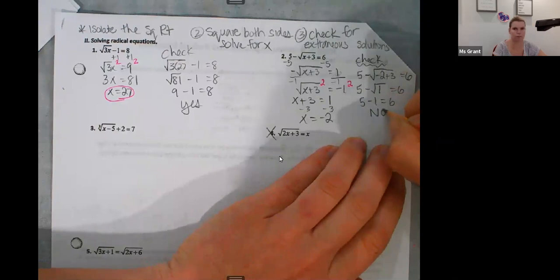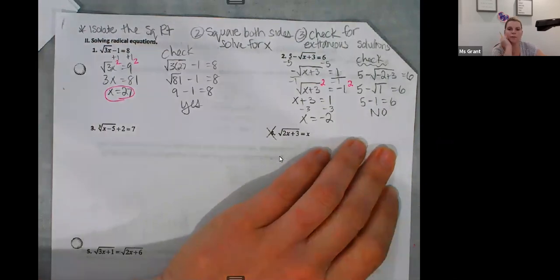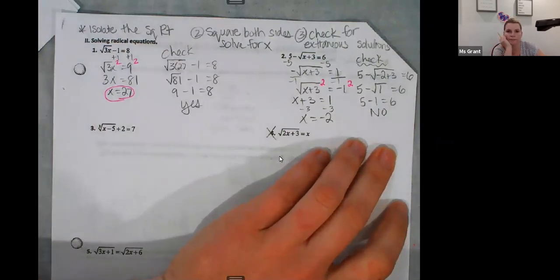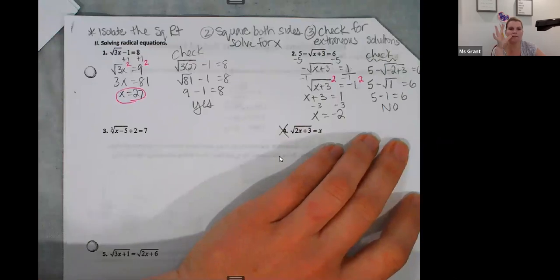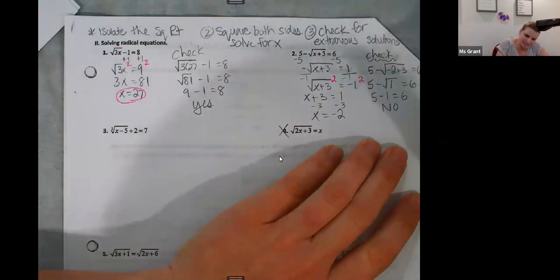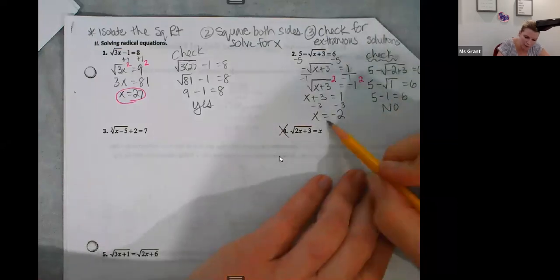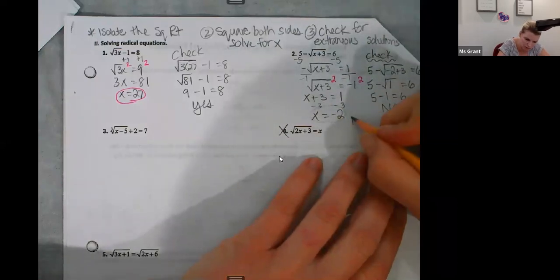No. Do you have any questions so far on number 1 and 2? Are you alive? Are you there? Okay. Anyways, since 4 does not equal 6, and I only had one choice of an answer, there's no solution to this problem.